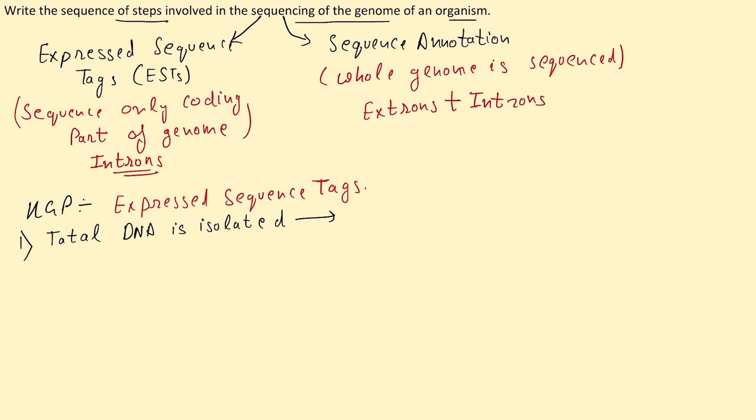In this method, the cell has a nucleus enclosing the chromatin material or DNA material. The chromatin material, the DNA, is isolated outside the cell and then broken down into several small fragments using restriction enzyme.